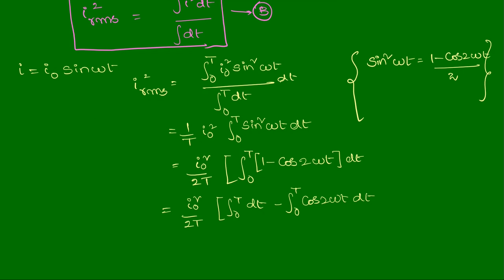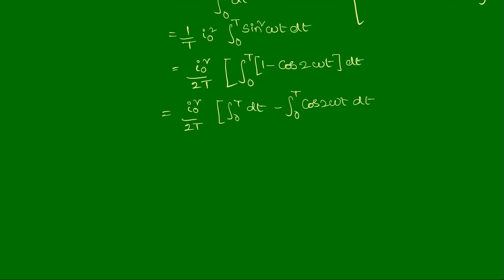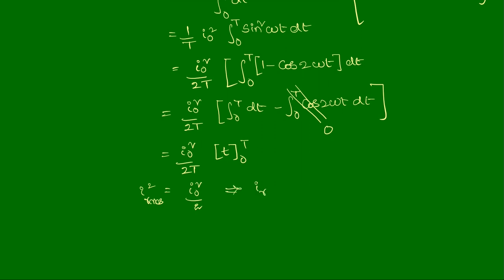In the previous application, we observed that the integration of a cos function over a complete cycle is 0. So now it will be I naught square by 2T, the integration of dt is T within the limits 0 to T, so it will be I naught square by 2. This is the I RMS square value, so I RMS will be I naught by root 2, or 0.707 of I naught.